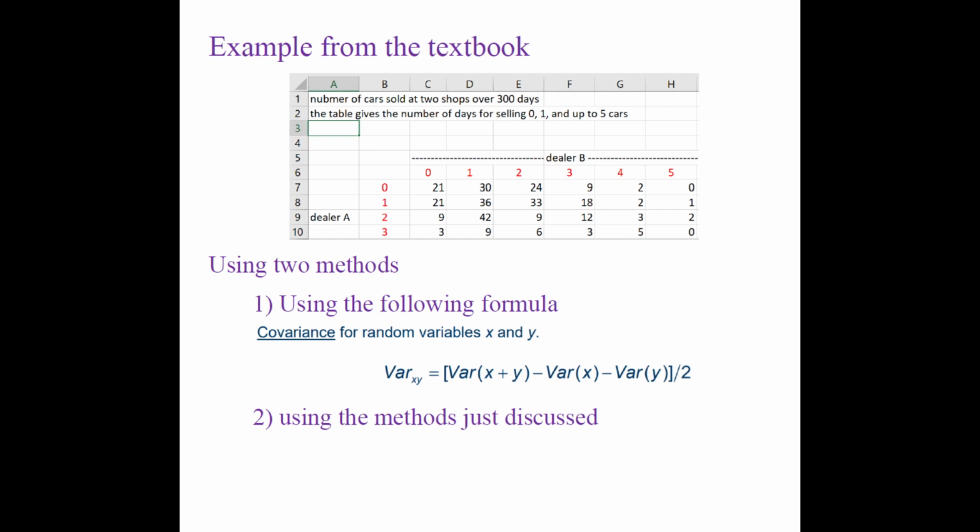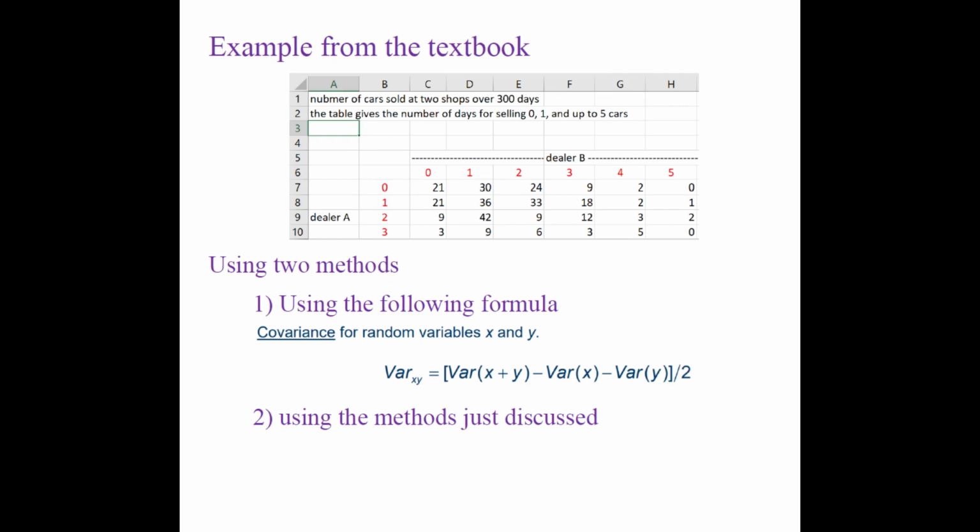For dealer B, they can sell nothing on a specific day, or sometimes sell 1 car, 2 cars, up to 5 cars. The table gives the numbers.